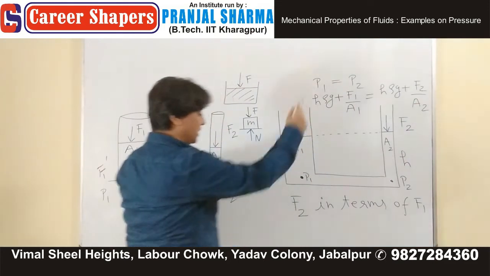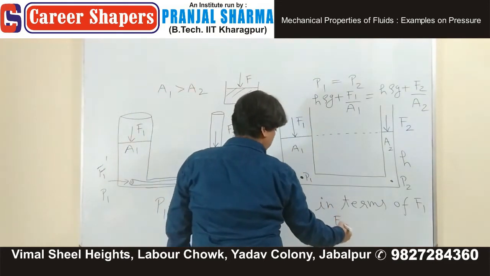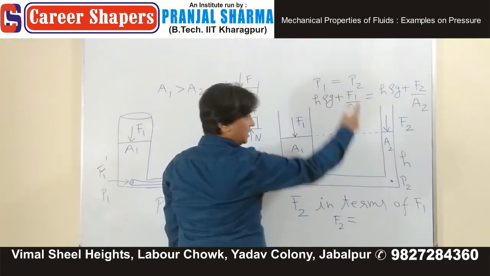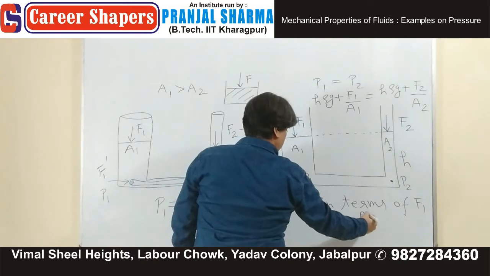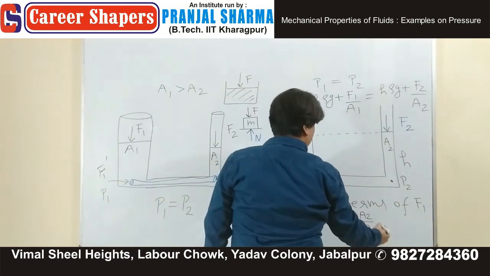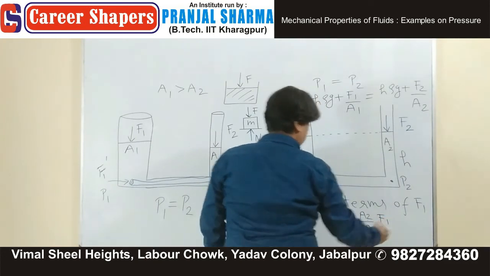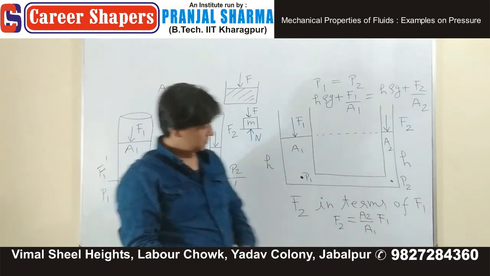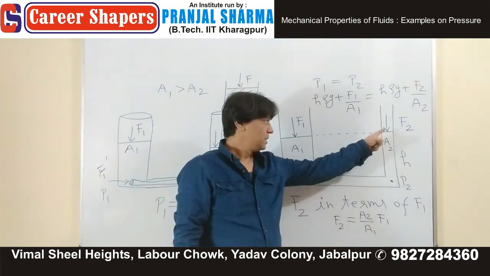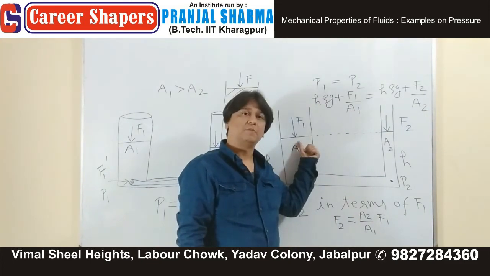If they are same, we have got the relation, and the relation is F2 equals to, H cancel, F2 is coming, A2 divided by A1 multiplied by F1. F2 is A2 divided by A1 multiplied by F1.